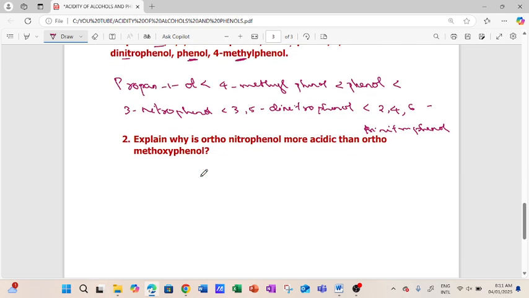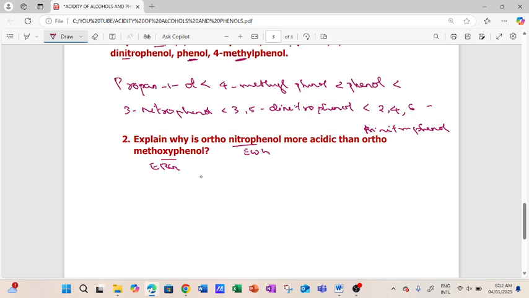Another one is a reasoning question. Explain why ortho-nitrophenol is more acidic than ortho-methoxyphenol. The same reason which I said: ortho-nitrophenol has a withdrawing group here, whereas methoxy is an electron releasing group.